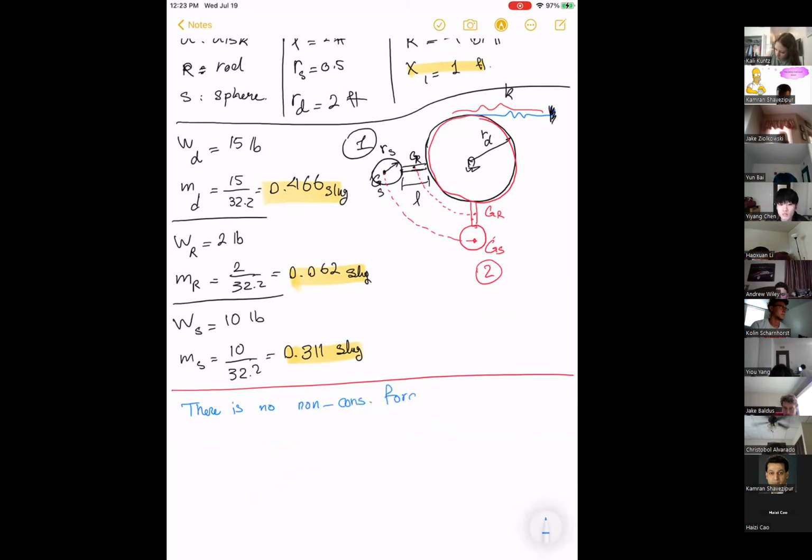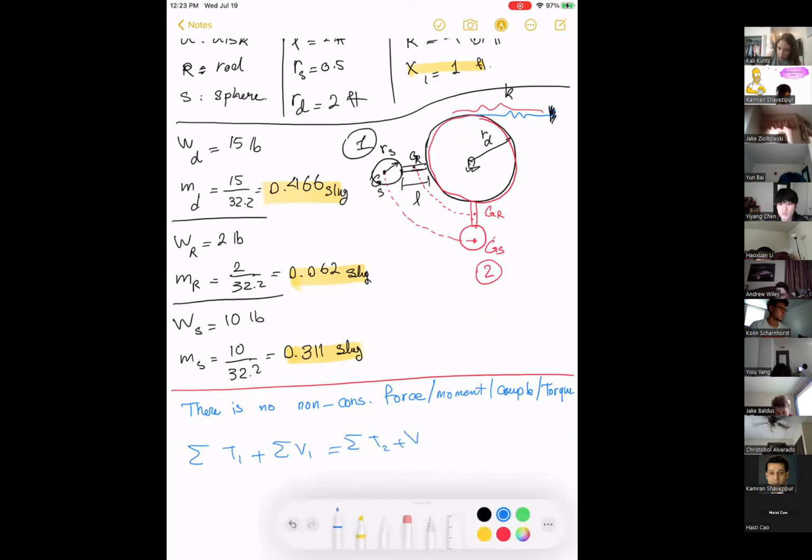And again, when we talk about force, it is force, moment, couple, torque, any of them, right? Therefore, T1 plus V1 equals T2 plus V2.